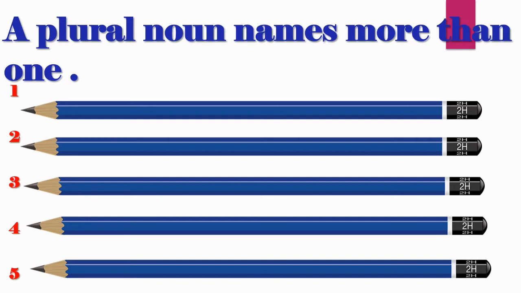Yes, a plural noun names more than one. See the number of pencils. Is it more than one? Yes. There are a total of 5 pencils. So, it is the plural form of a noun. Understood?